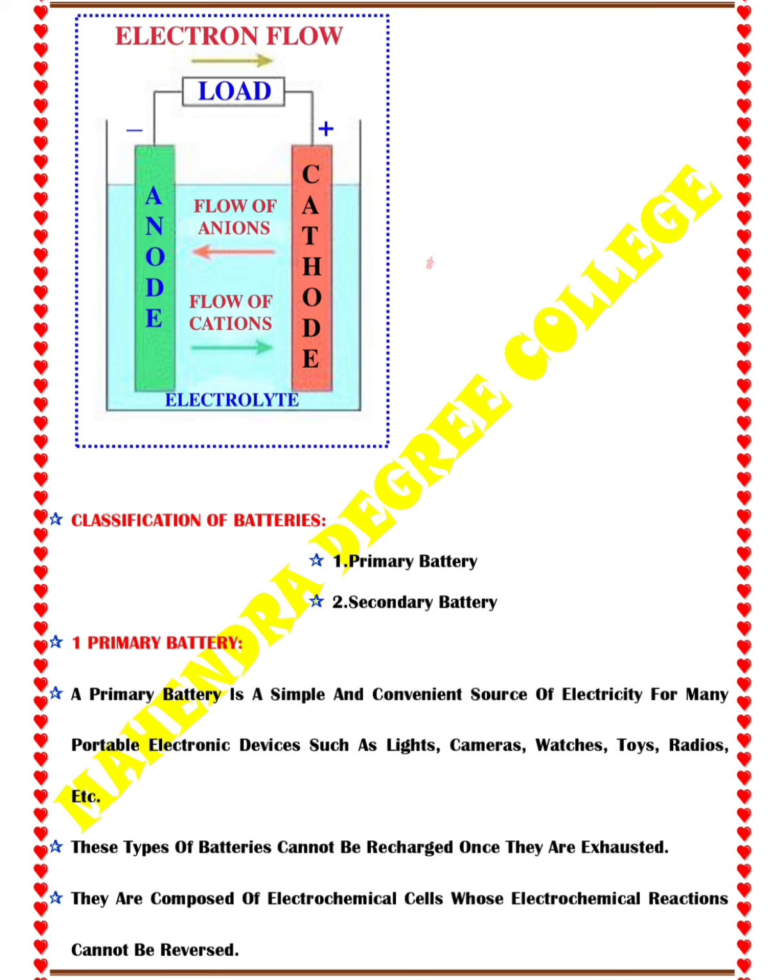This diagram shows how a battery cell works, focusing on the flow of electrons and ions during the production of electricity. Key parts in the diagram.